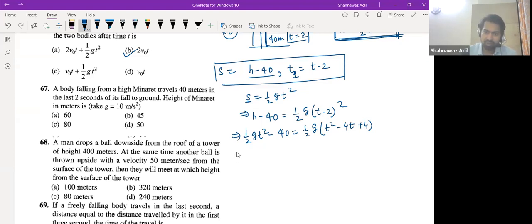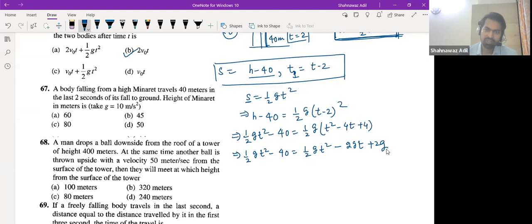Yes, sir. So this would be half g t square minus 40, half g t square minus 2 and 4. So 2gt, and this is 4g divided by 2. So 2g, right?